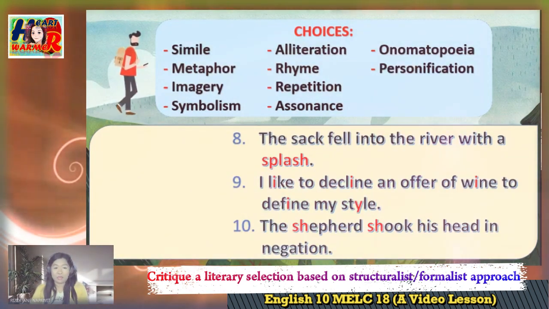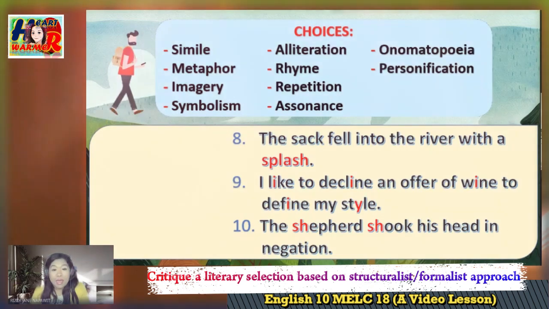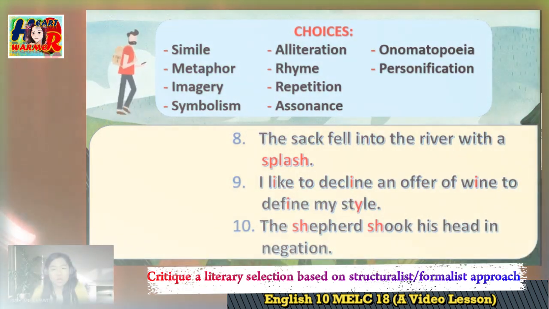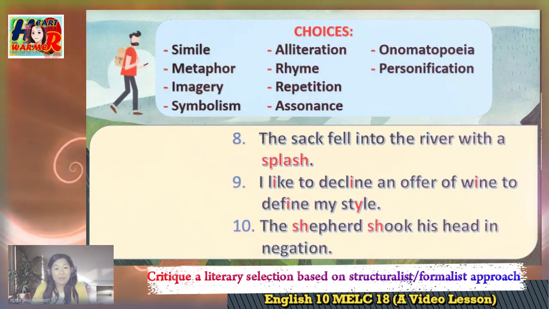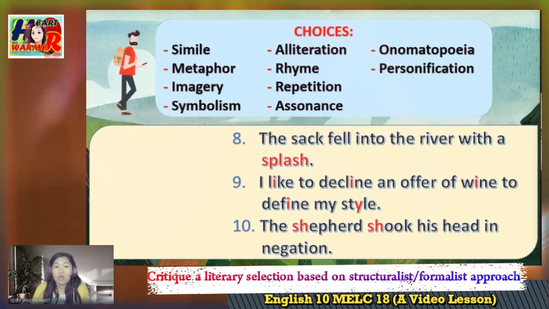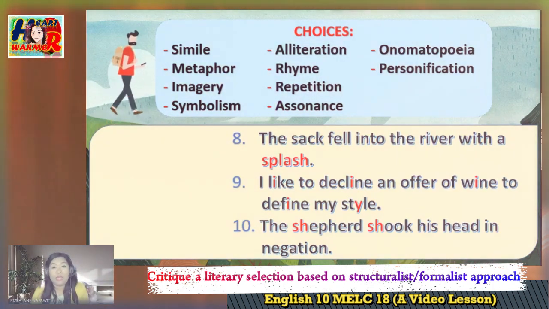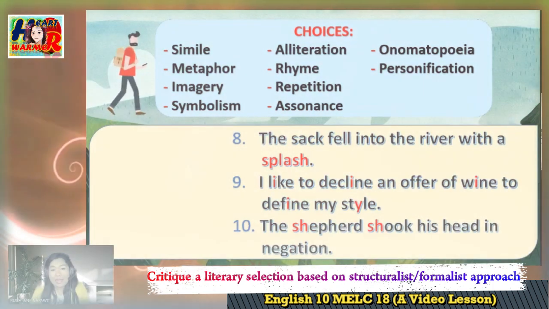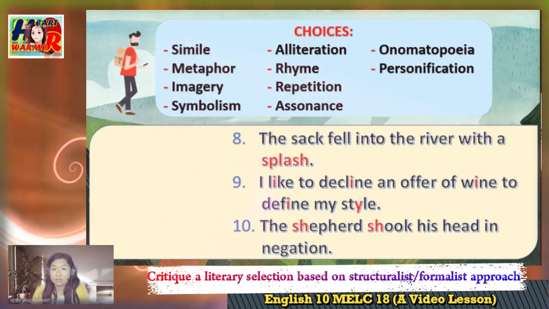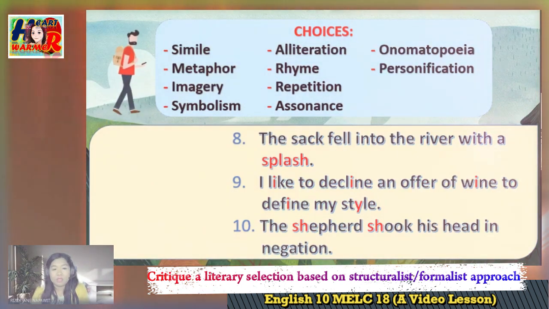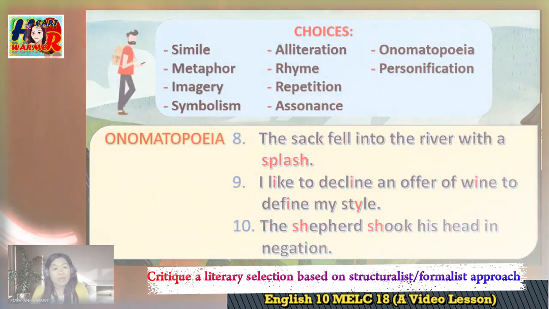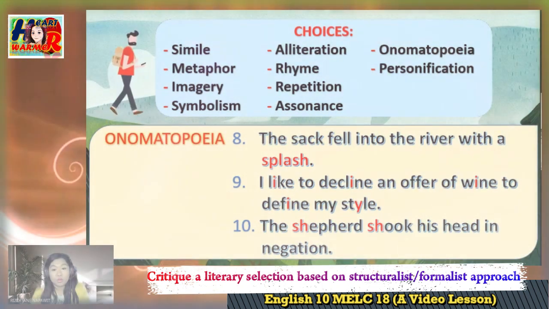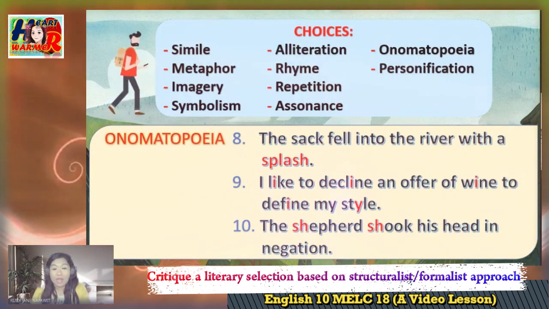Now number 8. The sack fell into the river with a splash. From the word splash, it imitates the sound of something that will fall into water. Then that means it's called, that's correct, onomatopoeia. Number 9, I like to decline an offer of wine to define my style.